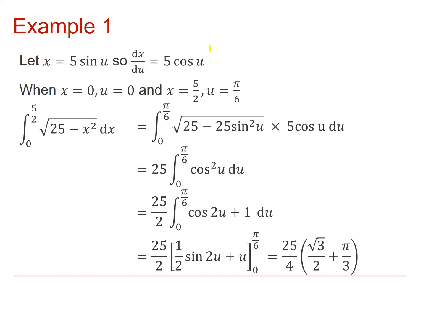This is it tidied up. There's the substitution. There's the transform of the limits, and don't forget those. And then work it through as I did on the previous slide to get the final result here.